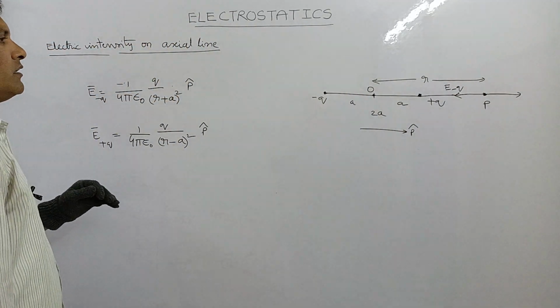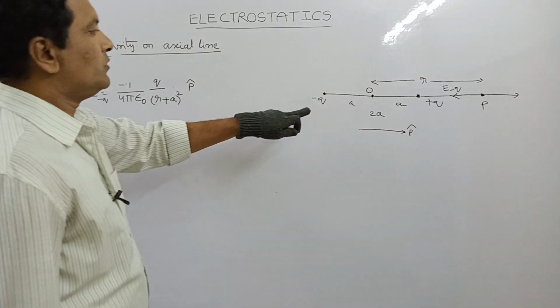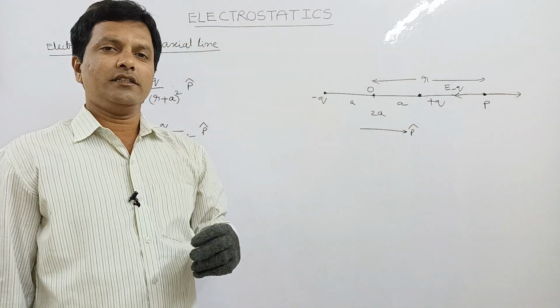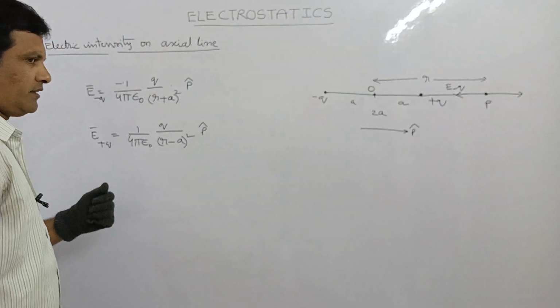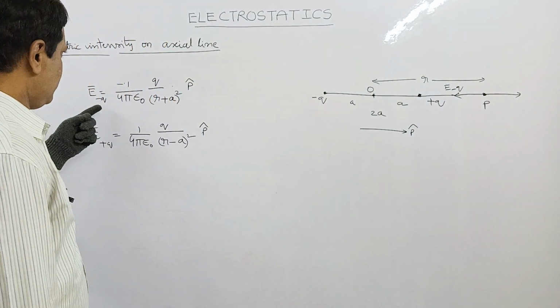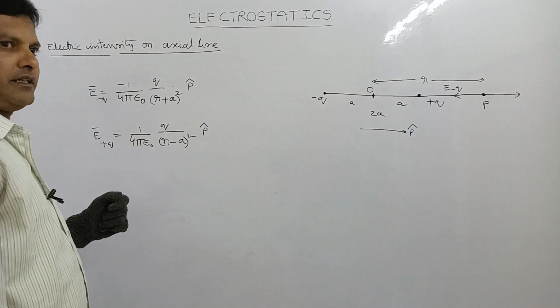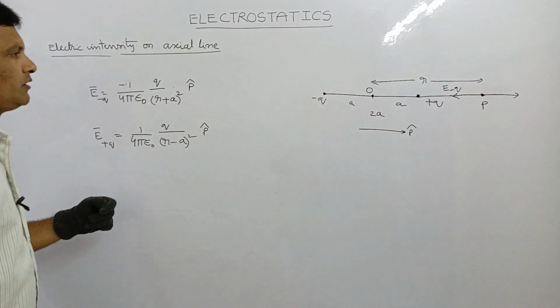Now at the point P, the electric intensity due to this charge: we know the formula for electric intensity due to a point charge. We have taken that in the previous class. That formula we will apply here. E bar, electric field, due to a point charge is equal to 1 by 4 pi epsilon naught q by r square.